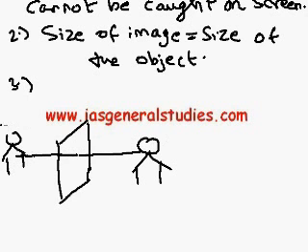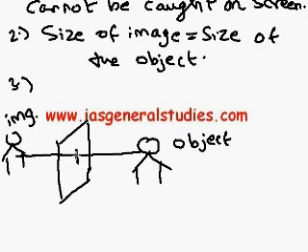So this is the object and this is the image. The image is as far behind the mirror as the object in front of it. Hope you understood this point.